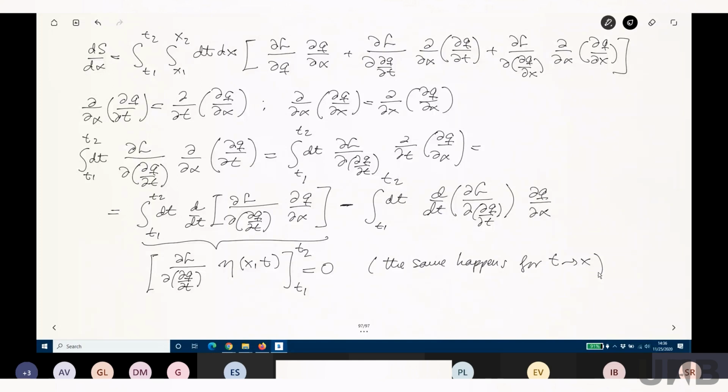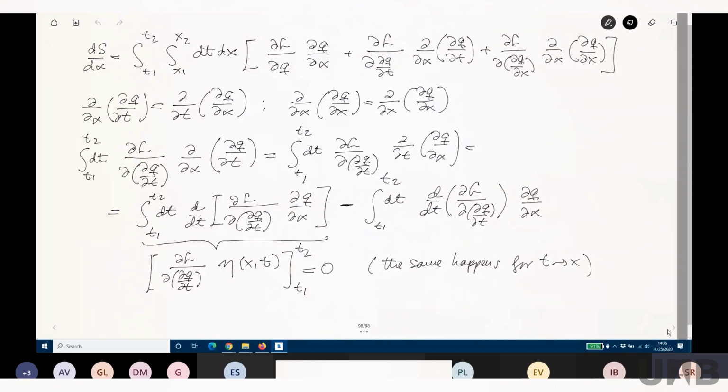So all in all, this term becomes minus this term, and this term is also going to become minus the same thing, exchanging t and x.